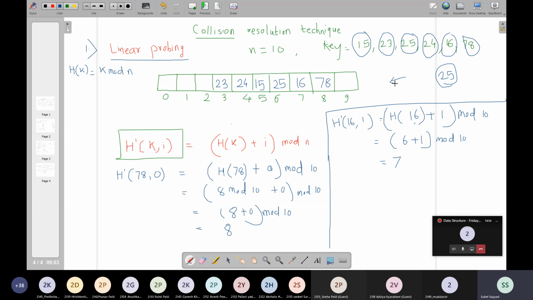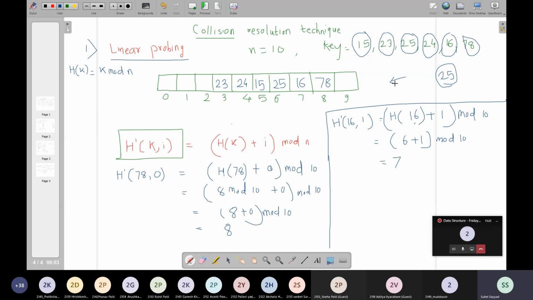I am continuously telling you that whatever mechanism we use for storage, the same mechanism has to be used for searching. So when I say 25 is to be searched, first I will do 25 comma 0. I'll get answer as 5. There I will not find that number. Then I'll solve 25 comma 1. Here I find that number and my search becomes successful.